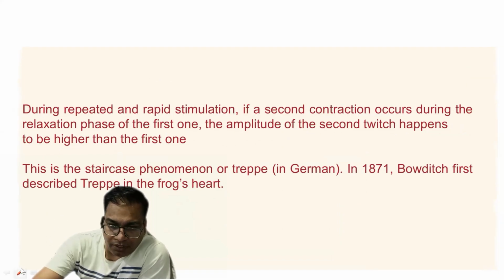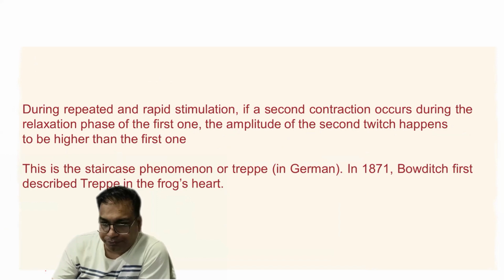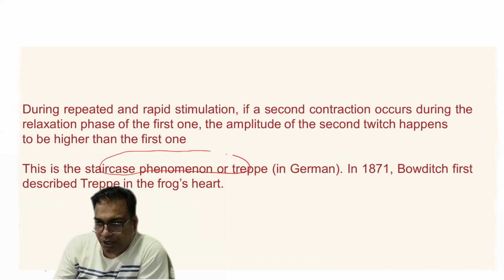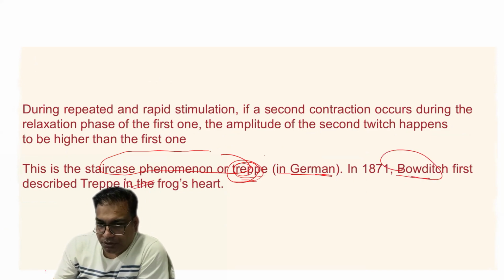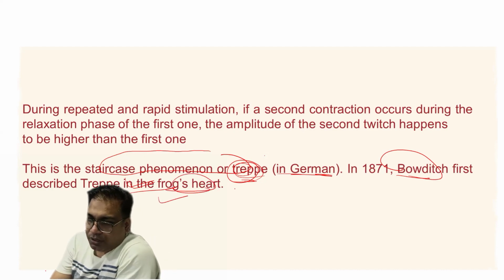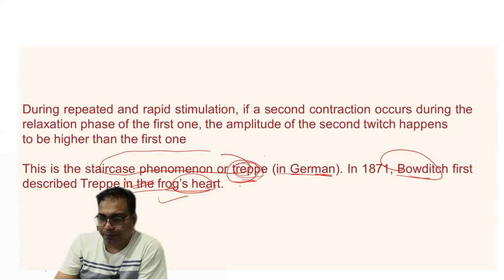Now come to why muscle shows this kind of property. Basically, this staircase phenomena or trapeze phenomena, in German word, trapeze means steps. That's why it is also called trapeze phenomena. Bowditch first observed this phenomenon in frog's heart, so it is also called Bowditch effect.